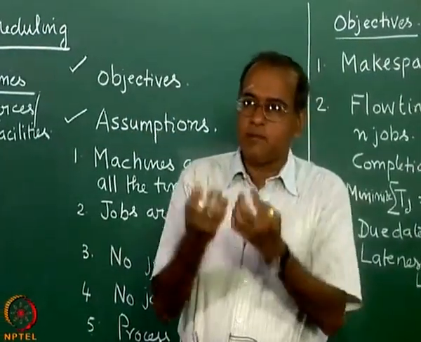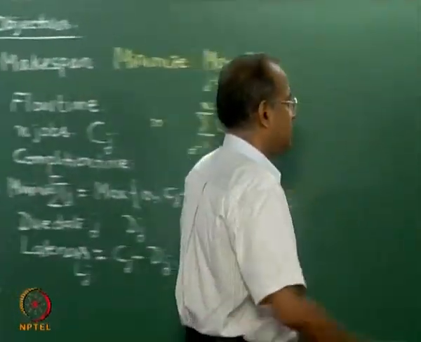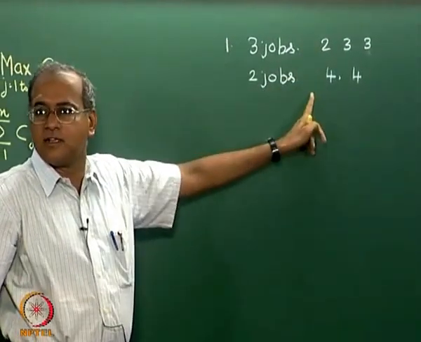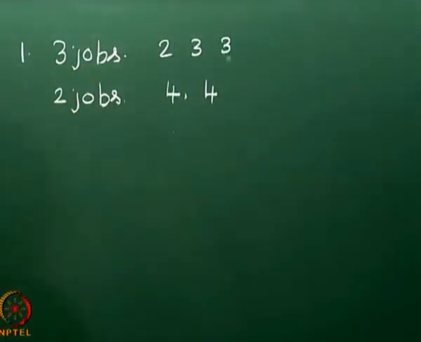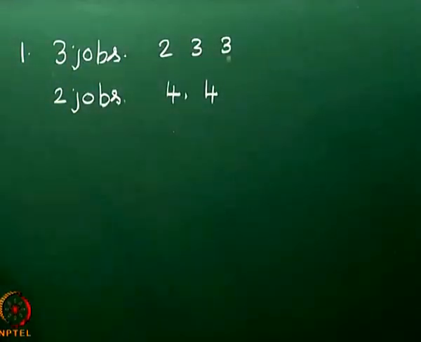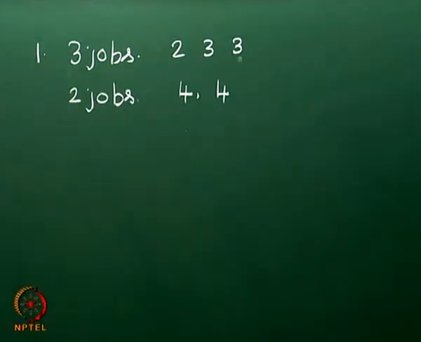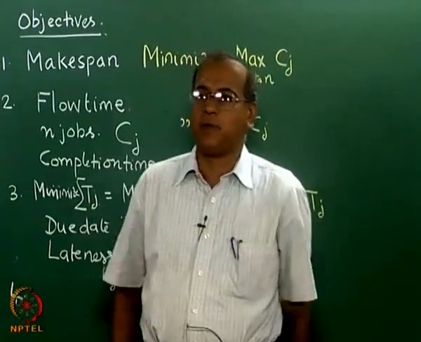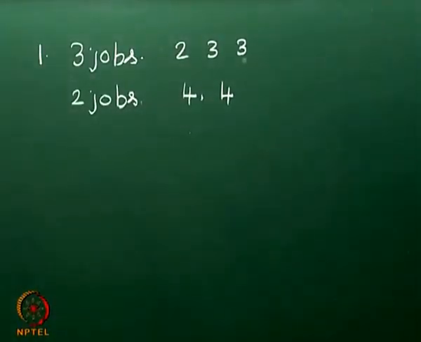Now if we go by minimizing the total tardiness, then we would calculate that the total tardiness is 8, and the total tardiness is also 8, but then 3 jobs are tardy in one case, 2 jobs in the other. Now it depends on the situation. If these 3 jobs go to 3 different customers, then in some sense 3 customers are unhappy because the jobs are late. Whereas if these go to 2 customers, then 2 customers are unhappy.